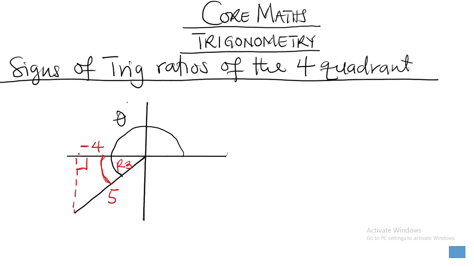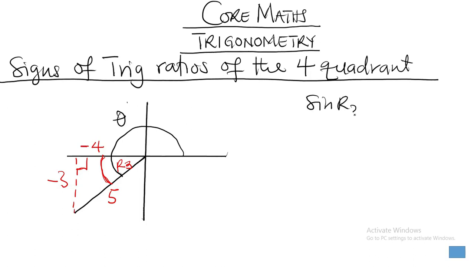And here it is in the negative y-axis, so we'll put negative 3 here. I hope you are following. So we take into consideration the sign of the axis. So the value here will be negative 4, the value here will be negative 3.